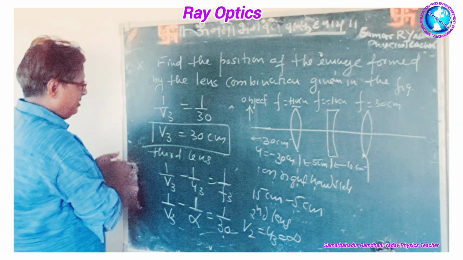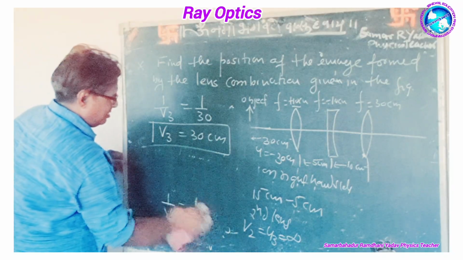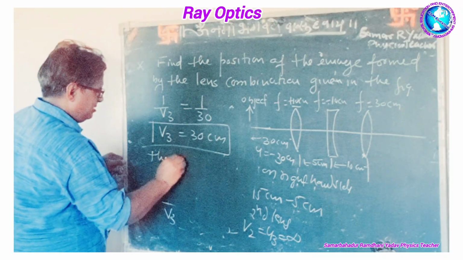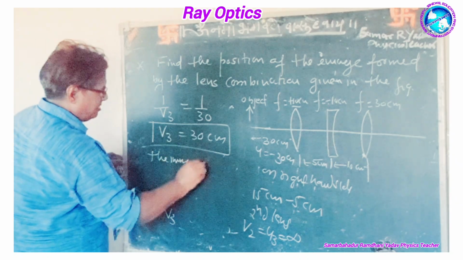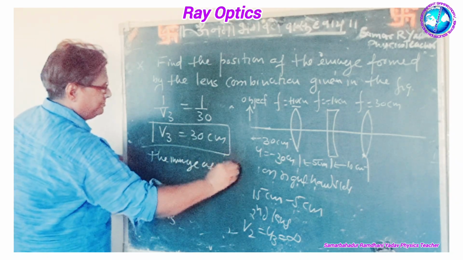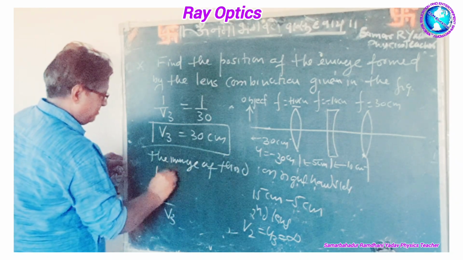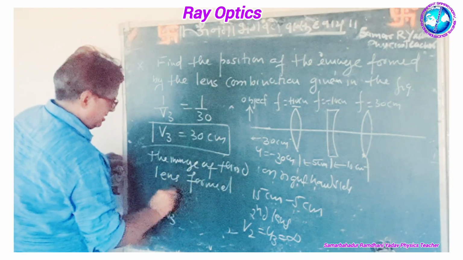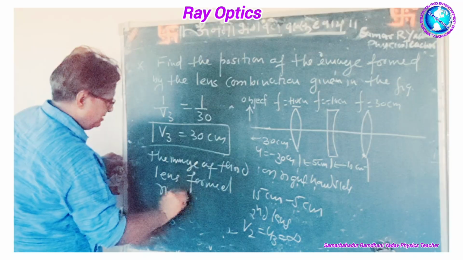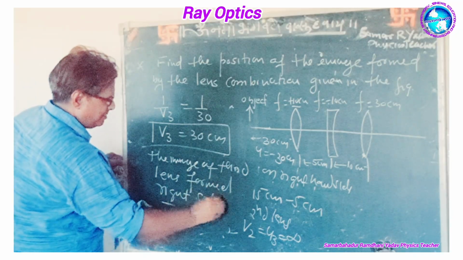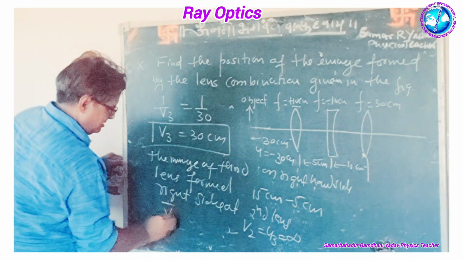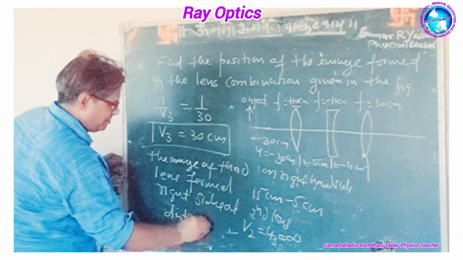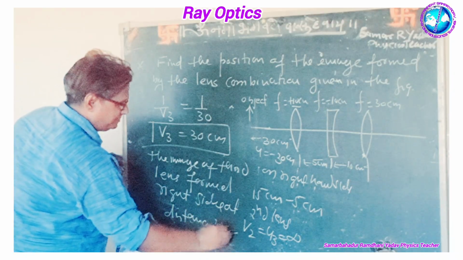So the image of the third lens is formed on the right side at a distance of 30 centimeter.